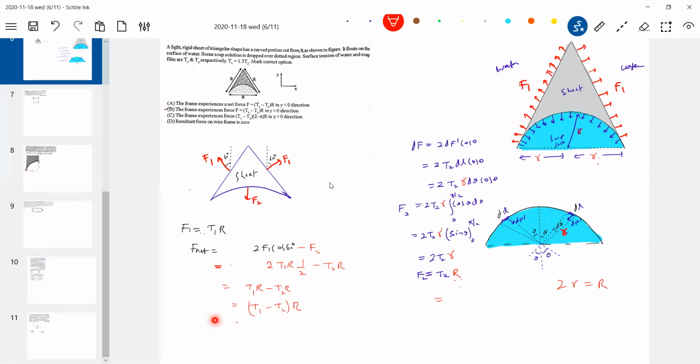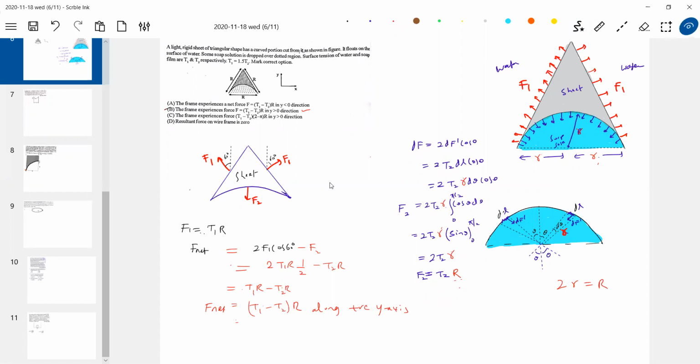So how will it be directed? I just made some adjustment, just take notice here. So T1 will be greater than T2. Therefore, shall we pick up this option, along the positive y-axis?